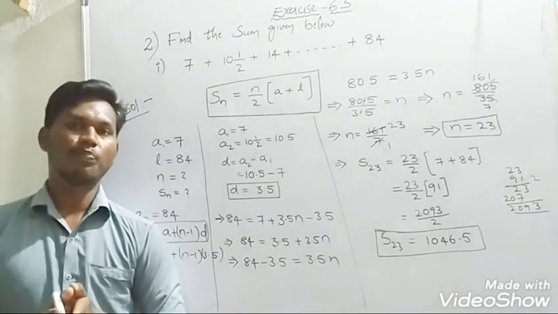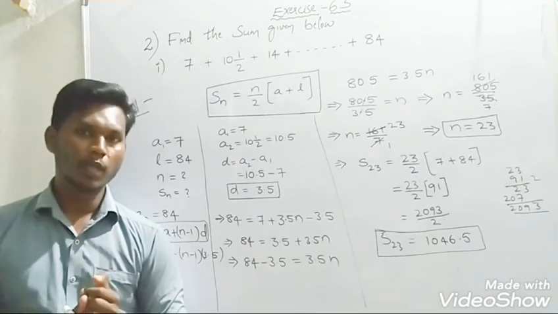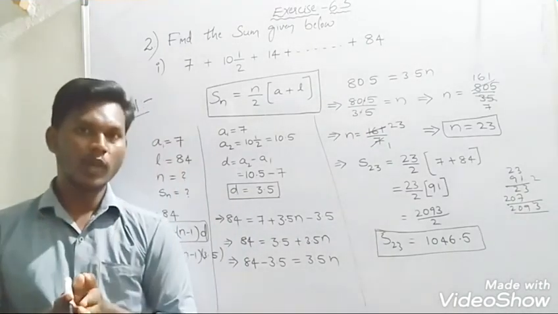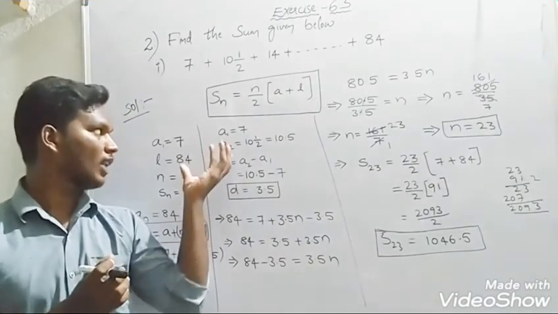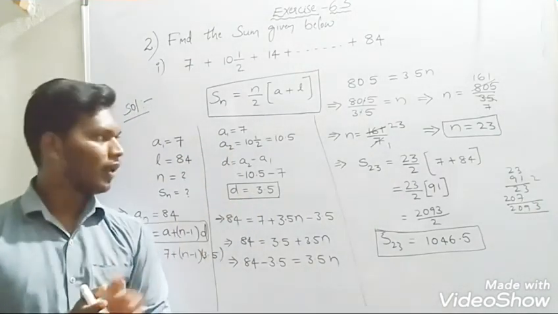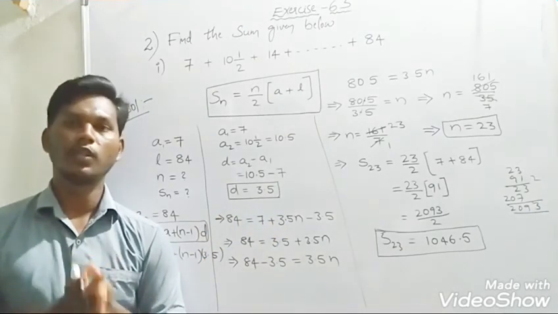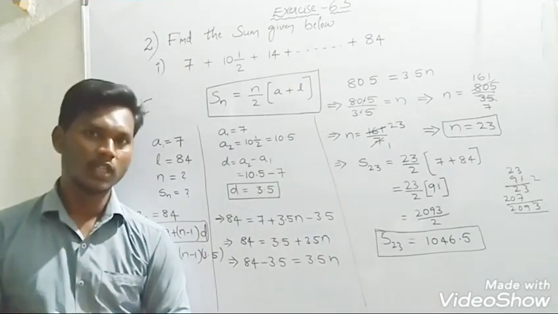So in this way, you can solve problem number 2 and problem number 3 in a second, friends. So no need to worry. Simply pause the video and look at each and every step carefully, so that you can easily crack the remaining questions.